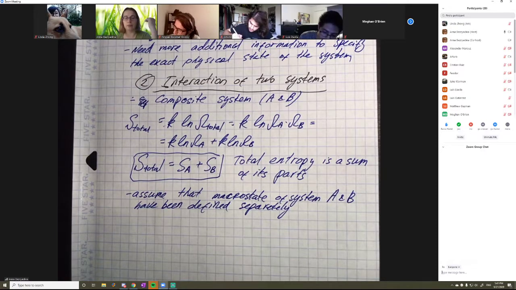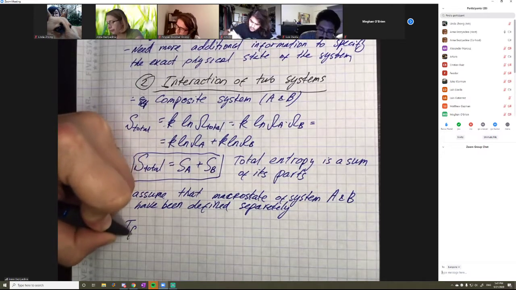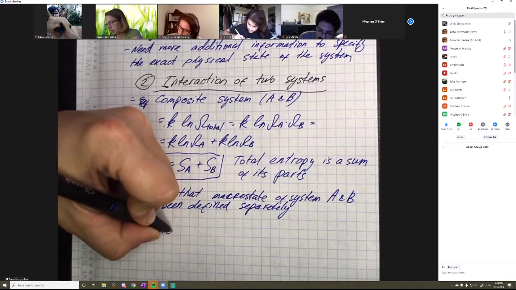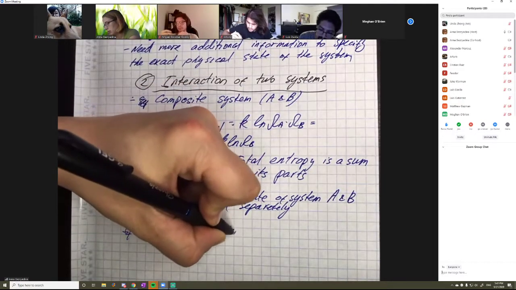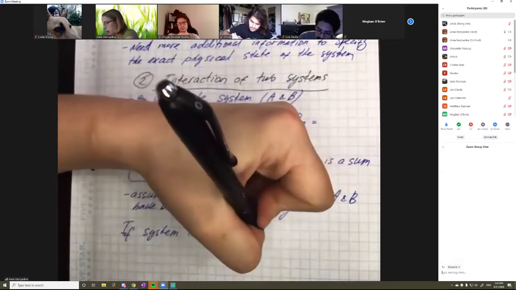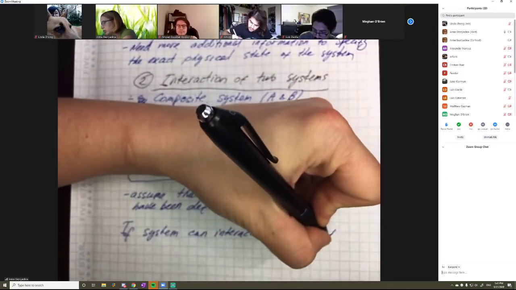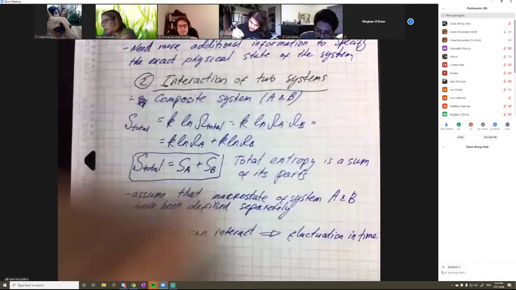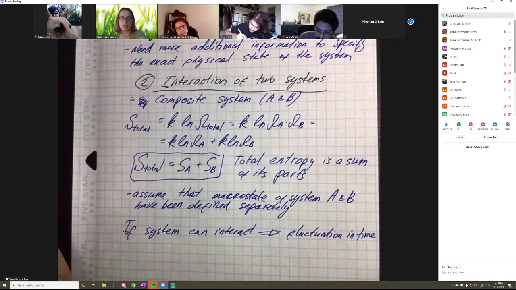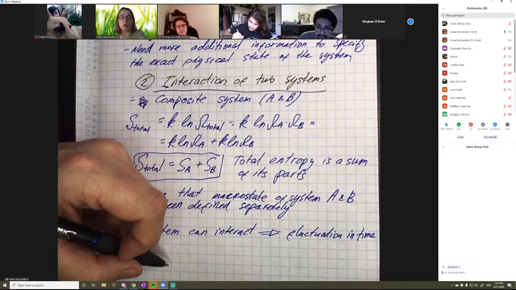Just a quick note: if the systems can interact, we have a fluctuation in time. And in this case, we need to look at the total multiplicity over all macrostates in time.